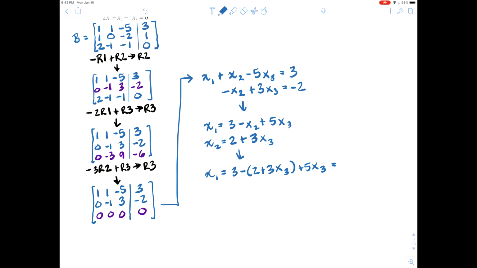So we would end up getting, I'll just write it as 2x3 plus 1, and x2 is still 2 plus 3x3.